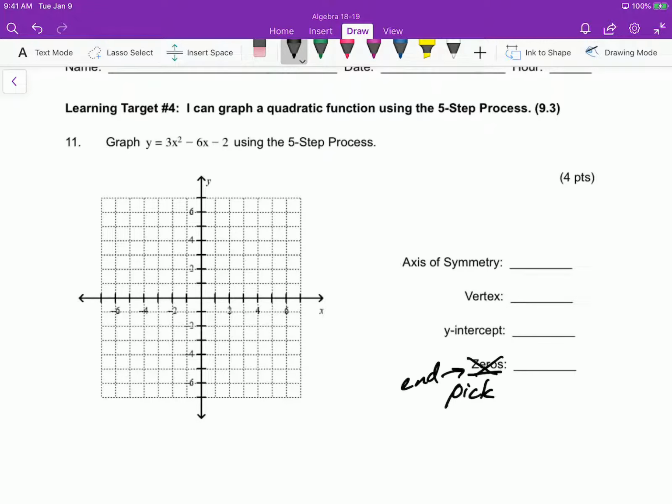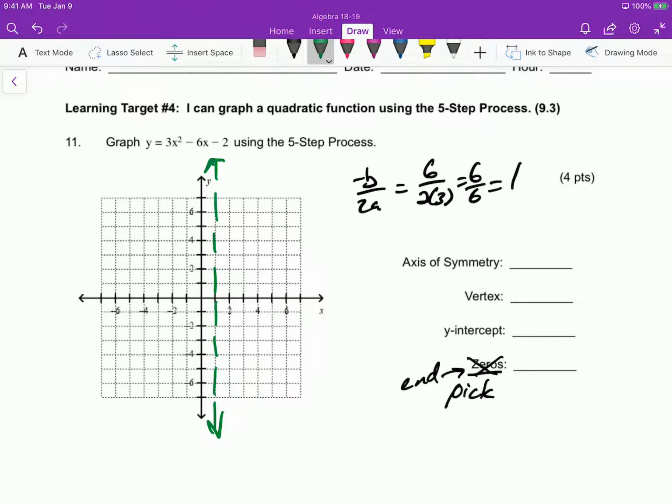Regardless, we always start at the beginning, opposite b over double a, so in this case it would be positive 6 divided by 2 times 3, 6 over 6, which equals 1. So my axis of symmetry is going to be at positive 1. Do this in a nice bright color so you can see it.